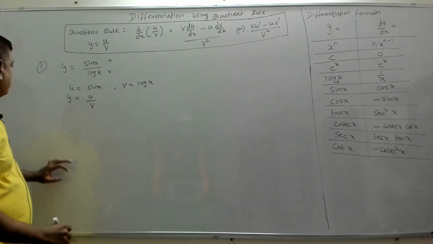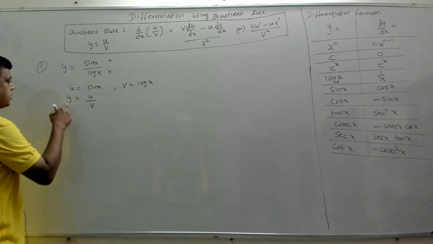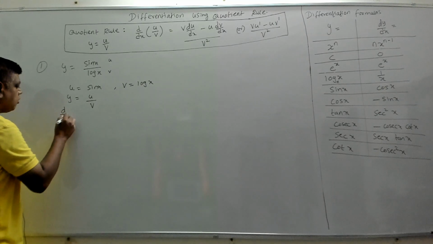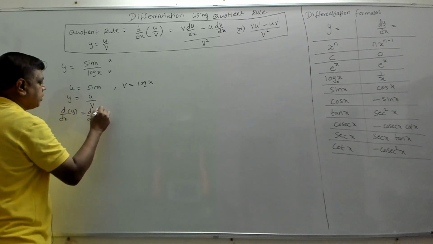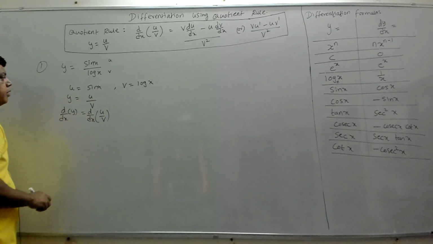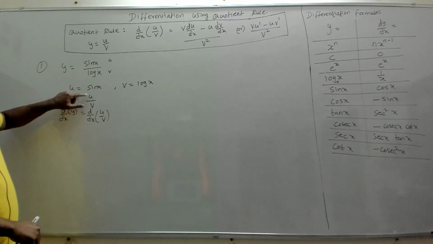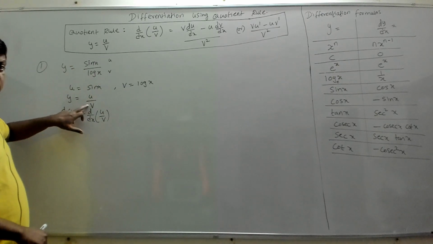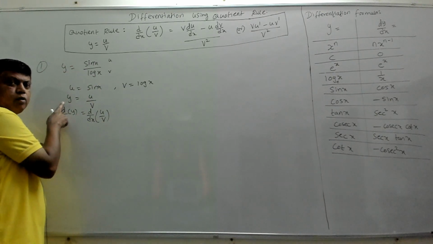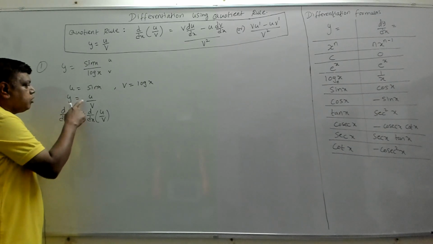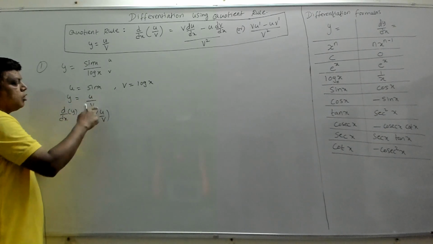Now we should differentiate this. Differentiation of y is d by dx of y, which is equal to d by dx of u by v. When we put sin x as u and log x as v, y becomes u by v.